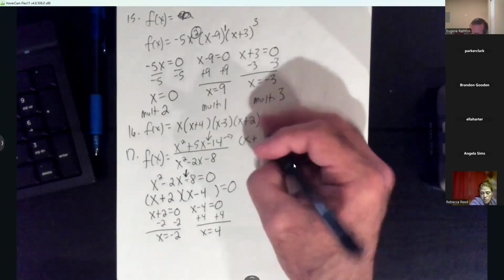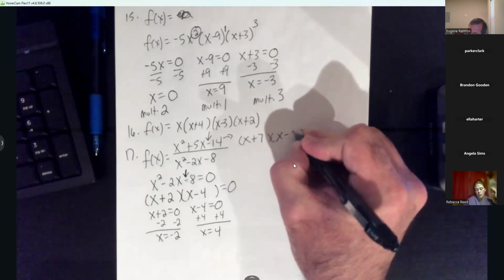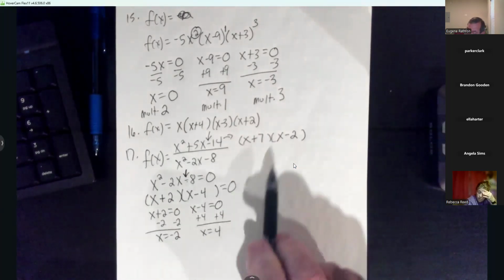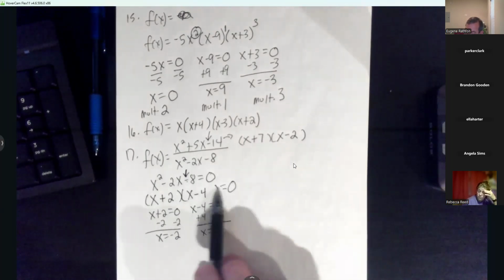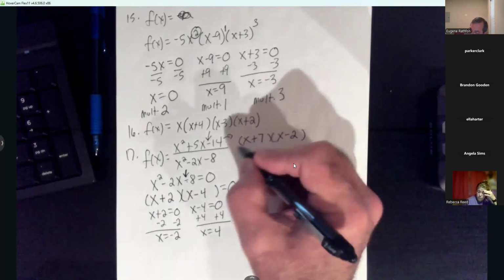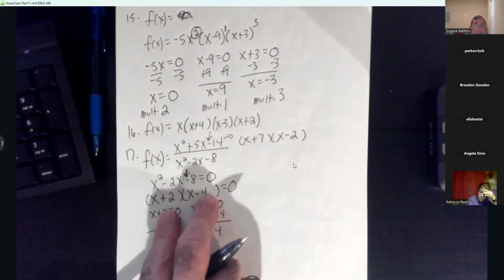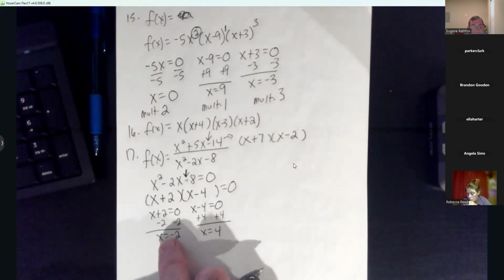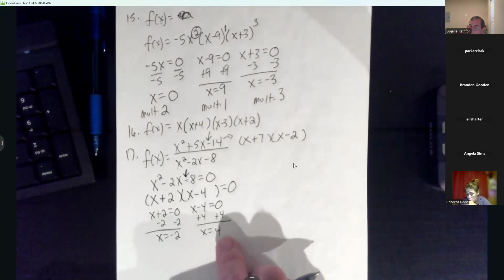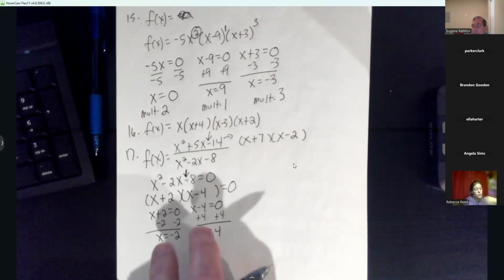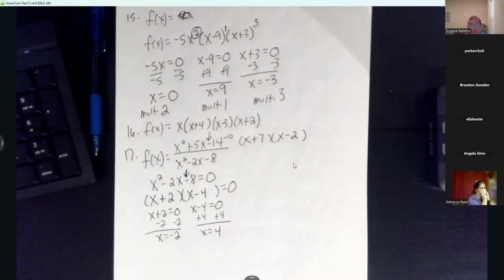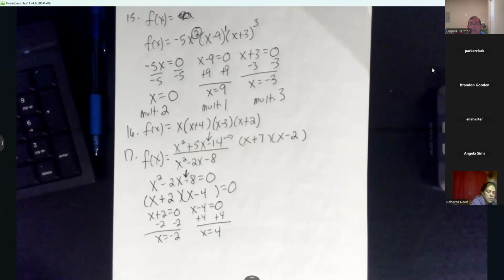The bigger number would be positive, smaller number negative. All right, y'all, so I don't have an x plus 7 here, and I don't have an x minus 2. So neither one of my asymptotes will cancel. I haven't seen any of them cancel on this problem, so you will keep both of your asymptotes, okay?